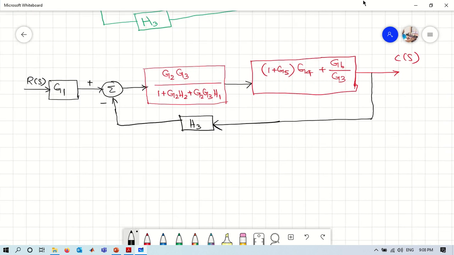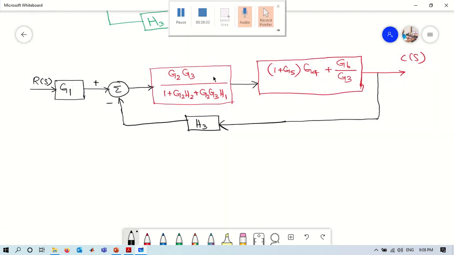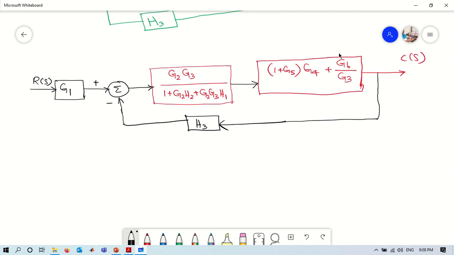Then I have to repeat the procedure, combining the series block and then this minor feedback path, and then completing this minor feedback, which in turn is in series with G1, right?